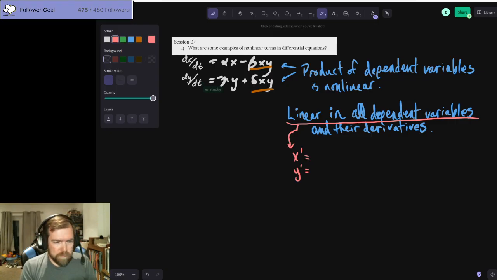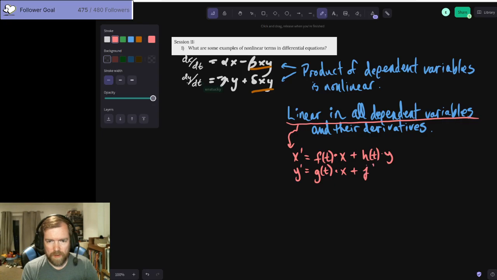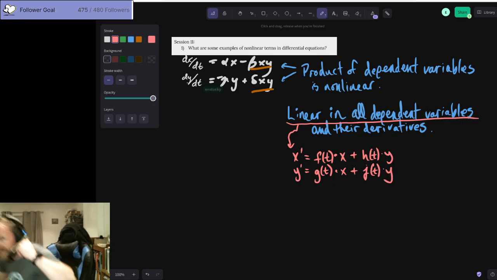Like functions of the independent variable? Yep. Alright, so anytime we get those, that's still going to be linear.